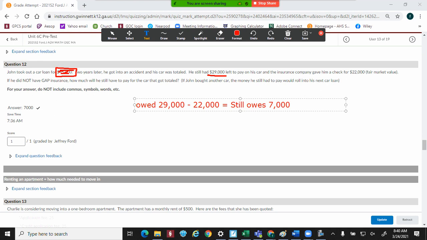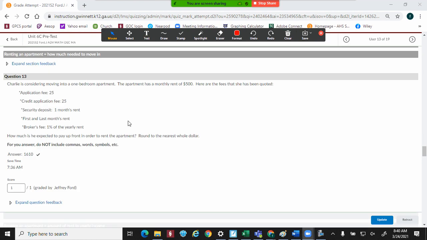Now the question is, who pays for that? Would it be the insurance company or would it be John? Well, he didn't have gap insurance, so that means he is responsible for that $7,000 because he did not have gap insurance.